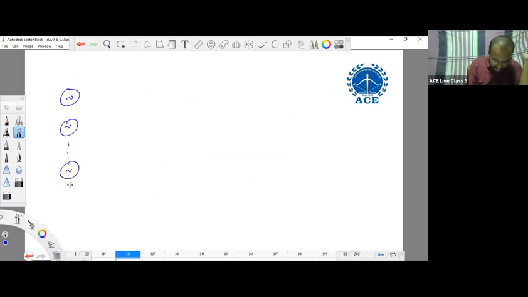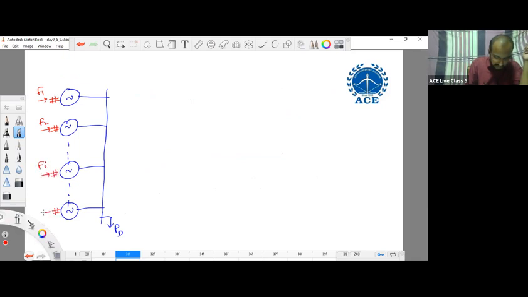this is the ith generator, and this is the nth generator. All these n generators are working together to meet the power demand of PD. Let the fuel cost of the first generator be F1, the second generator F2, the ith generator Fi, and the nth generator Fn.